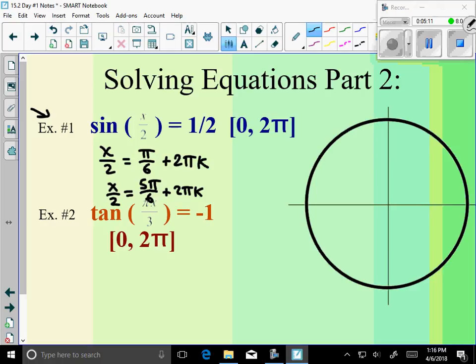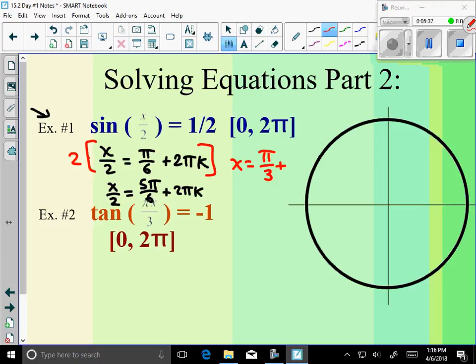If I multiply both of those by 2, why would I do that? Well, so I could get rid of this 2 in the bottom so I could find the angle. What does x equal? Pi over 3. Yeah, if I multiply by 2, I get pi over 3 plus what? 4 pi k. If I add 4 pi k to anything between 0 and 2 pi, will it still be between 0 and 2 pi?